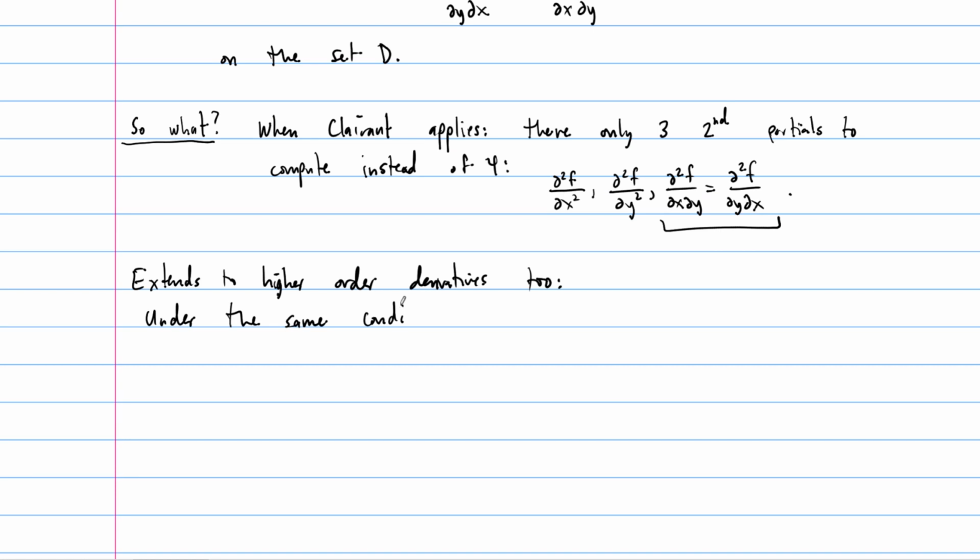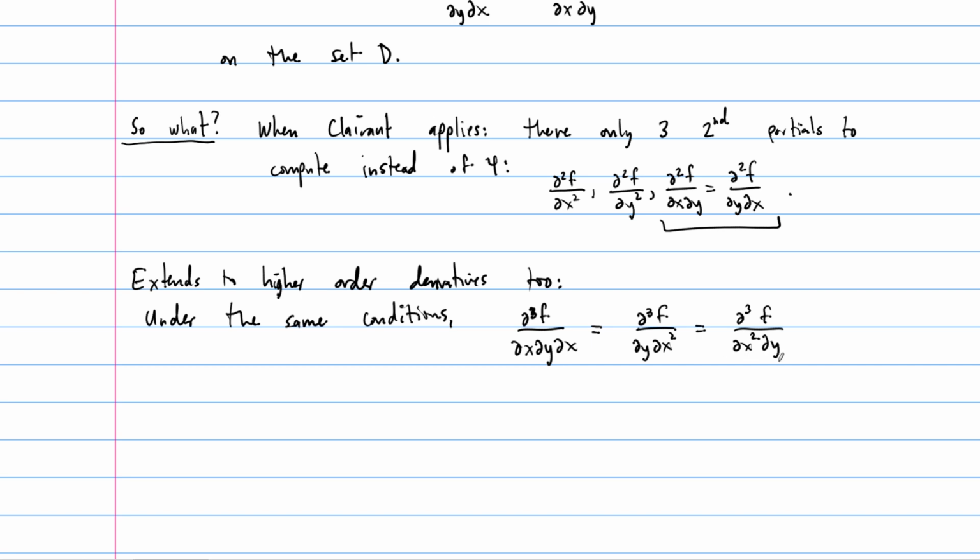So we get things like d cubed f dx dy dx is the same as d cubed f dy dx squared, is the same as d cubed f dx squared dy. In other words, you can choose the different orders of 2 x's and 1 y.